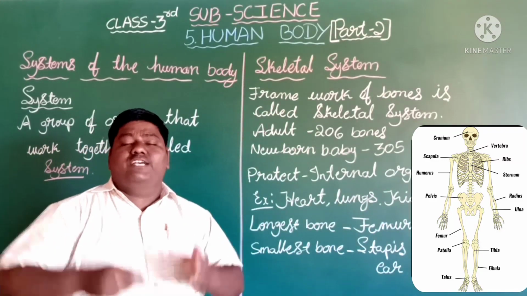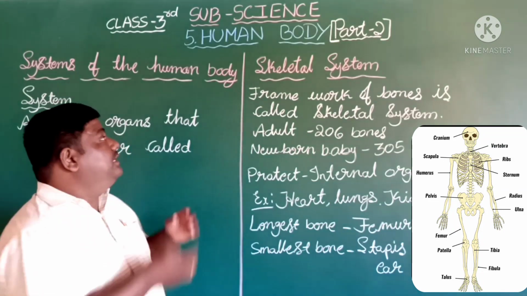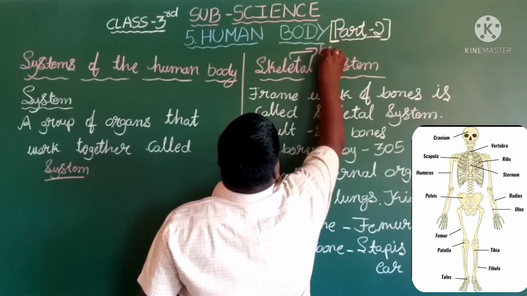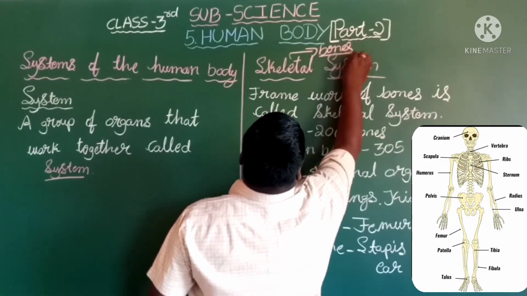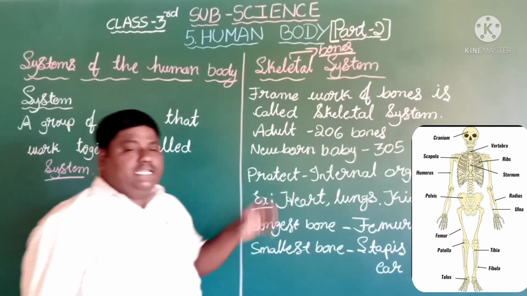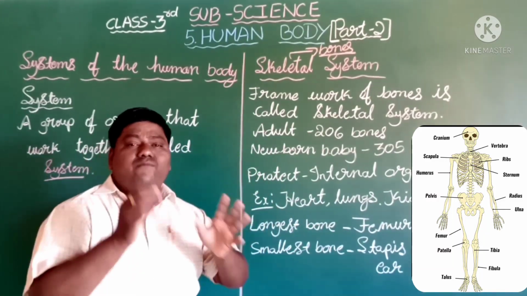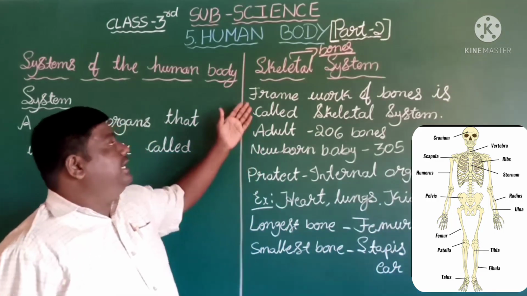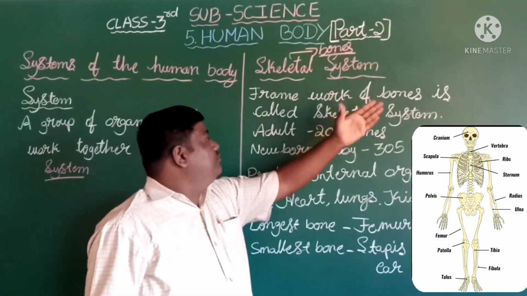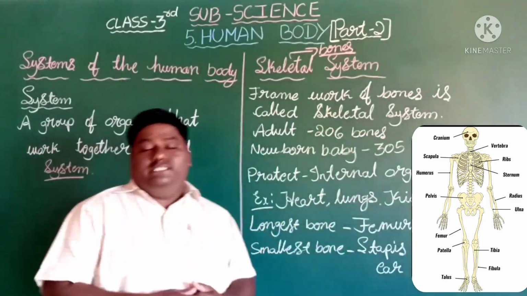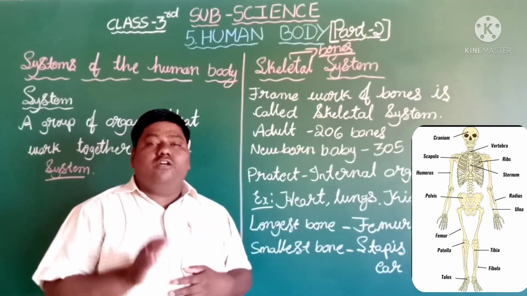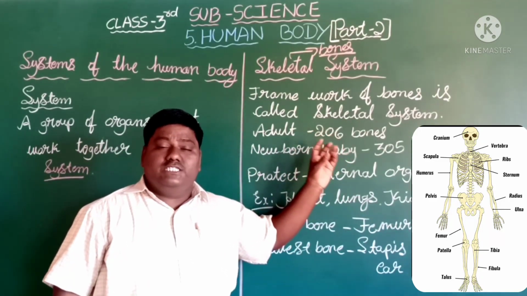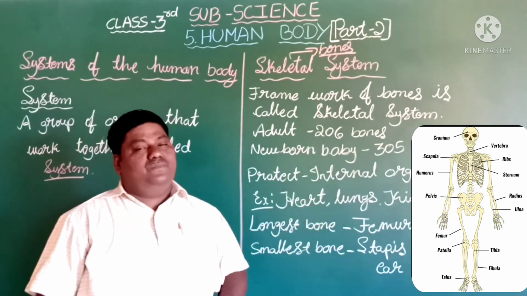What is the meaning of skeletal? Skeletal means it is made up of bones. Skeletal system means the framework of bones. See here, the framework of bones is called the skeletal system. Dear children, all of you observe the picture on the board, the skeletal system of the human body.